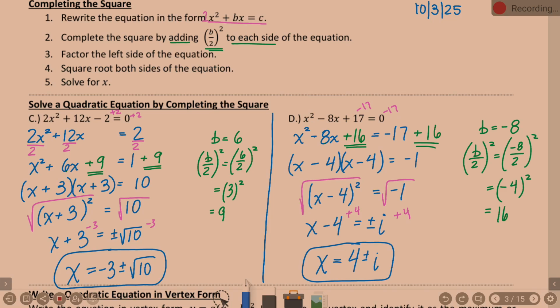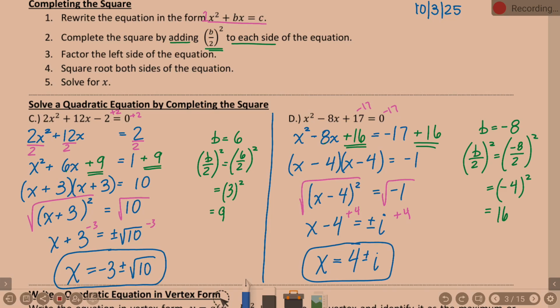Okay. One more topic. And it very much relates to what we just did. Okay. Now, I reminded you guys to point out these steps are on your blue formula page. Yes, it's steps to completing a quadratic equation.